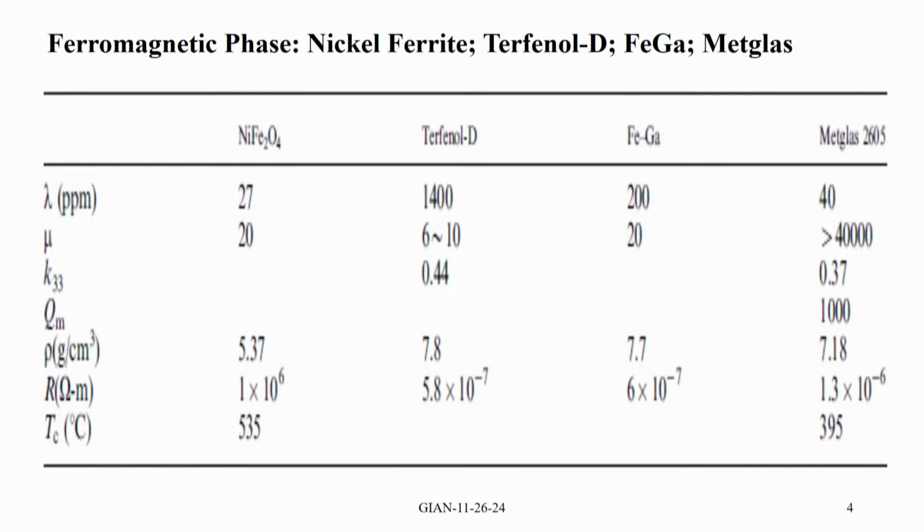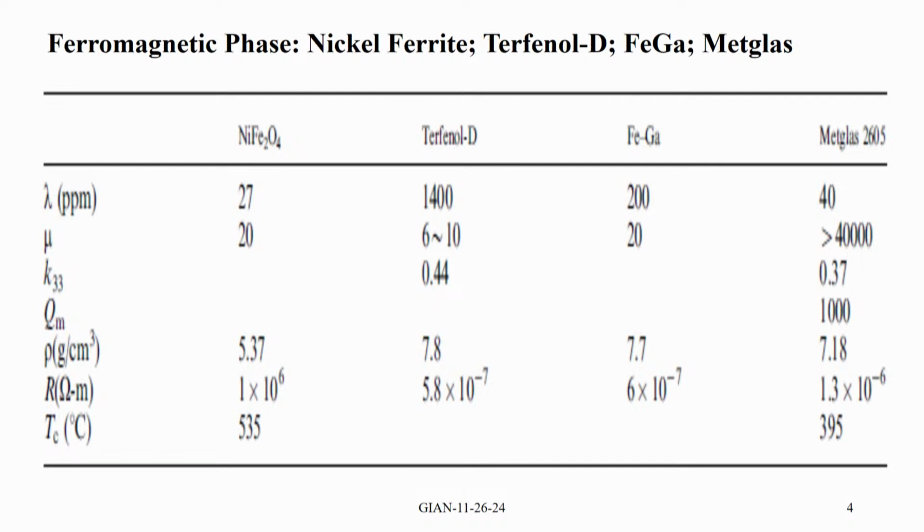And terphenol D has the disadvantage of being very susceptible to oxidation if you expose it to air. So it always needs a protective coating, and it is very hard to machine, you cannot cut it or do any proper machining.